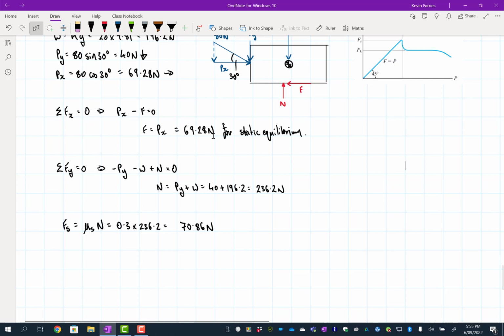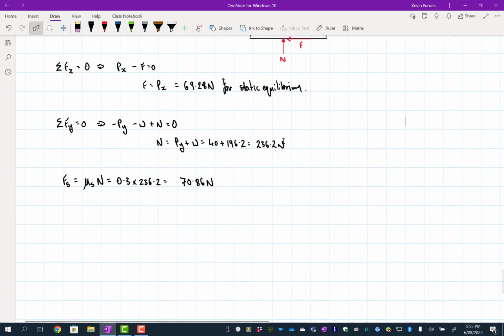The force we need for static equilibrium is 69.28 newtons. And so it would just be in static equilibrium. So if the frictional force that we need is less than the static friction, which is the maximum friction you can get for that normal force, therefore the crate will not slip.